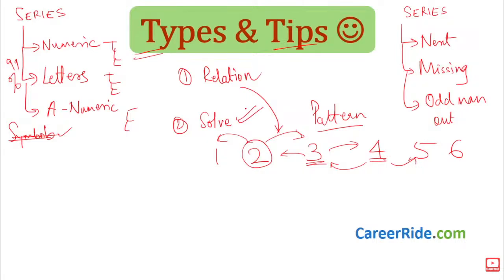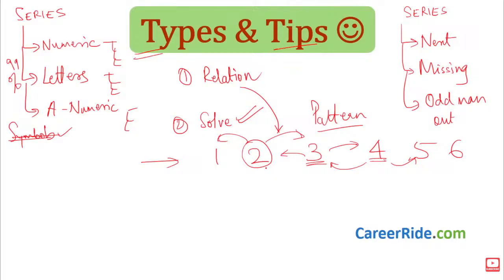And using this pattern, we can solve the question. So now, how to approach finding the relation? Very easy. Say this is a series 1, 2, 3, 4, 5, 6, and we have to find the pattern in it. What you need to do first is, let us find the difference between two elements. This is only for the number series. I'm not talking about letters and alphanumeric.